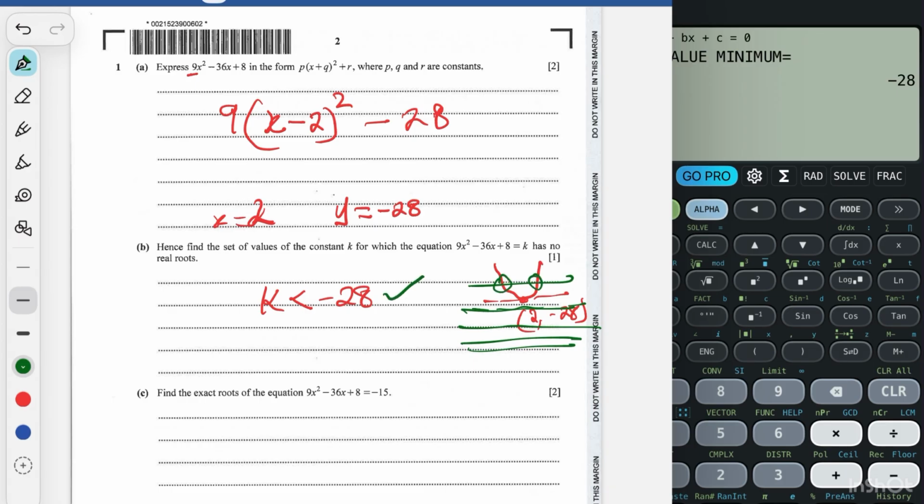Okay, so this is the answer. If it was equal to minus 28, it would be one solution, but I need any number less than minus 28.